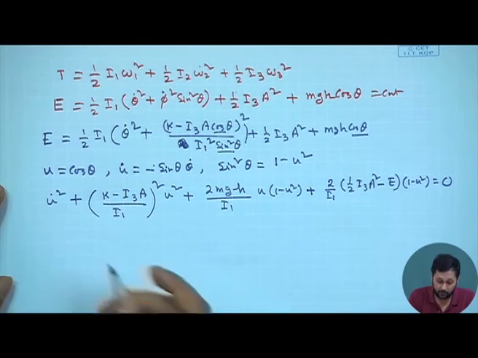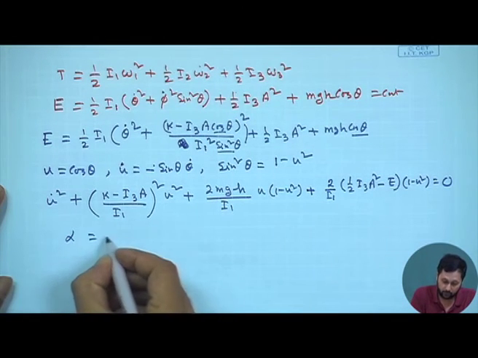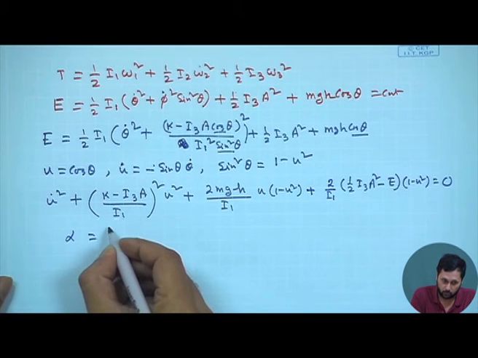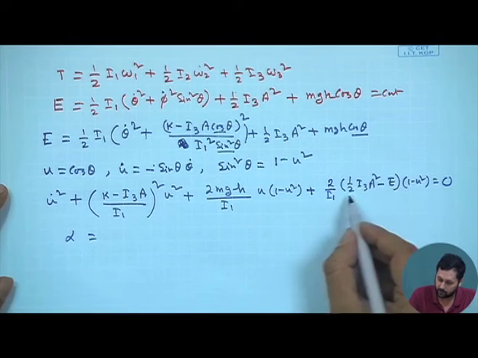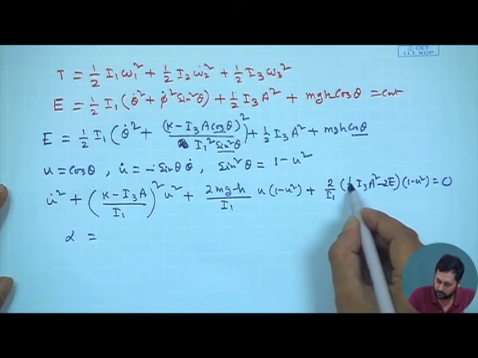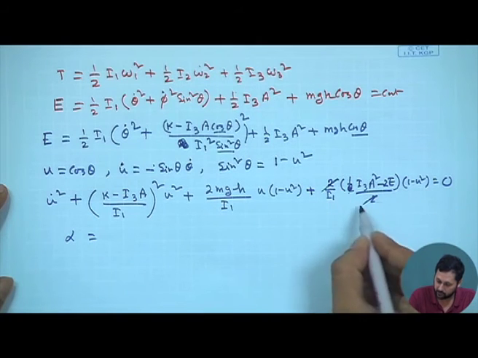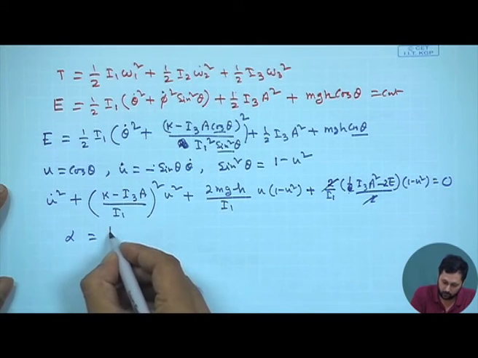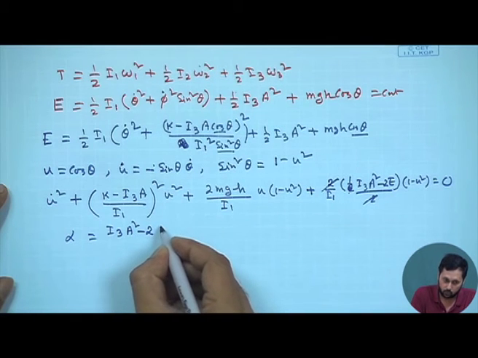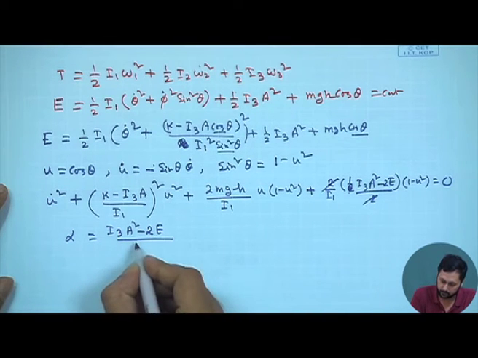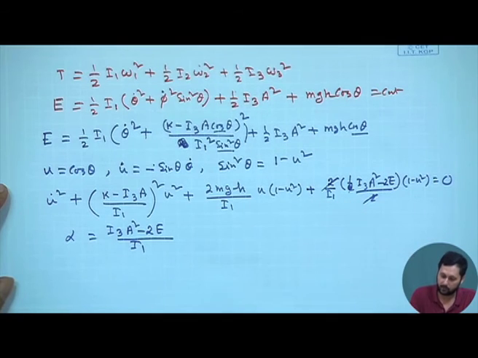Now, it is time to define some constants. Alpha will be what? Okay, let us start from the last one. So, if I take this 2 up here, this 2 will cancel out. So, let us call alpha to be equal to I3a square minus 2e by I1. So, there is an I1 here.